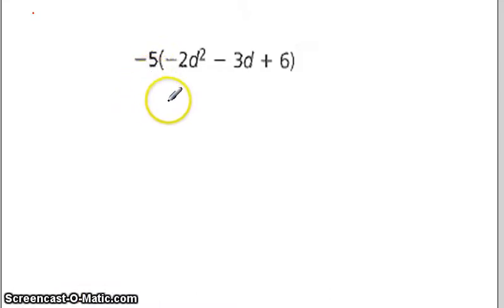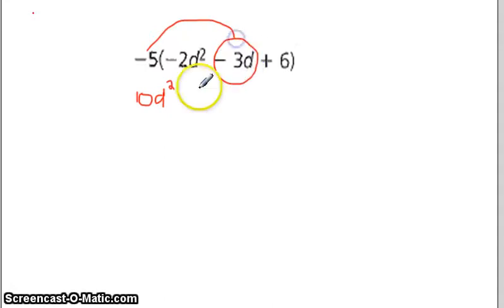Here's another quick example using the distributive property model. I multiply my first terms, so a -5 times a -2 gives me a 10, and my d squared just stays the same. Excuse my writing. Now my second term is -5 times the -3d, so it's going to give me a +15, and I'm just multiplying by a constant, there's no letter, so I just stick with the d.